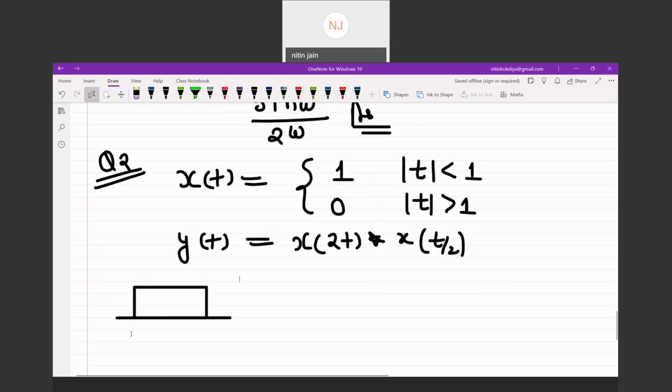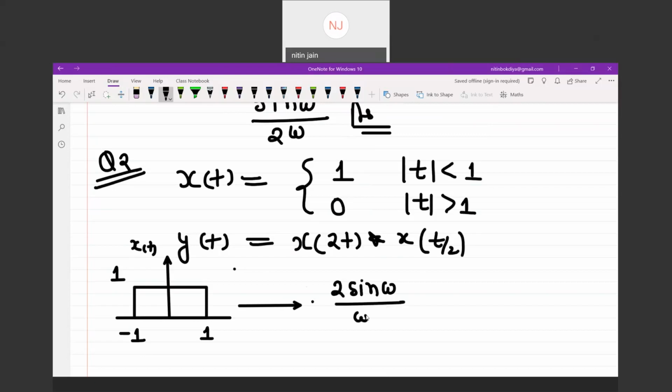X of t is, this is minus 1, this is 1. A function which is 1 between minus 1 and plus 1. And what is its Fourier transform? The Fourier transform of the function is given by 2 sine of omega divided by omega.